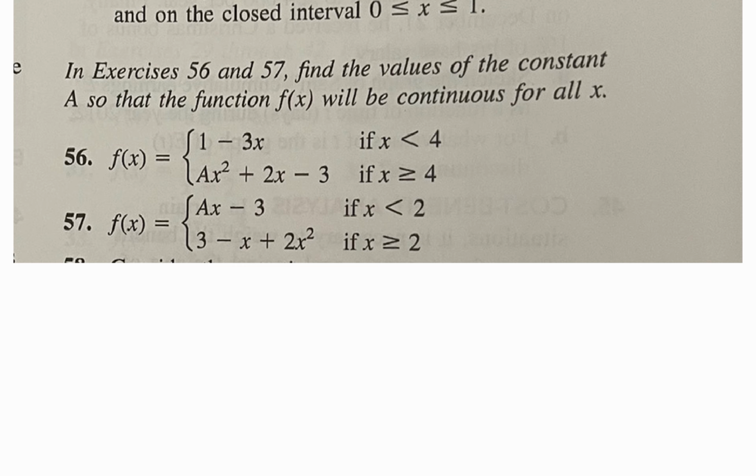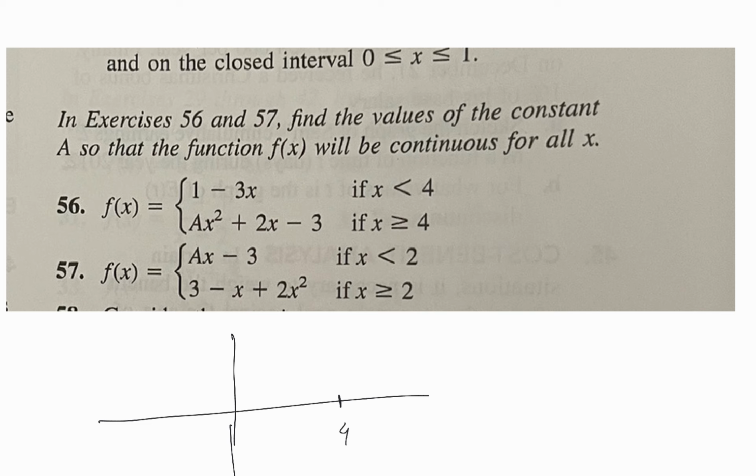Let's go to another problem. Let's do only 56 and you do 57. Okay, 56 says like this. The value of the function is 1 minus 3x for x less than 4. So to the left of x equals 4, the value of the function is 1 minus 3x. When x equals 0 it is 1.